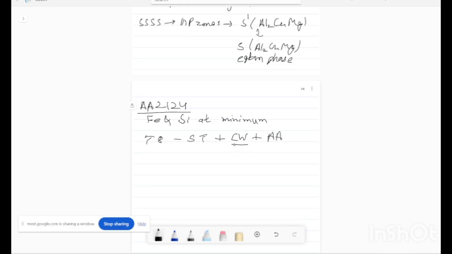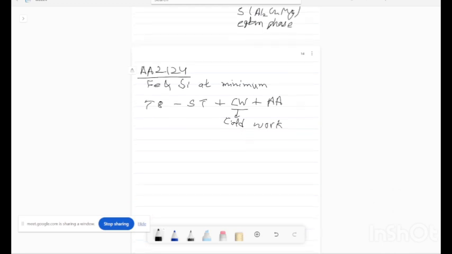So the cold work here is given to ensure enough number of nucleation sites for S prime to form. Meaning the cold work results in the increase in dislocation density and grain boundaries. Due to the increase in dislocation density and grain boundaries, the nucleation of the S prime precipitate will be higher after cold working.